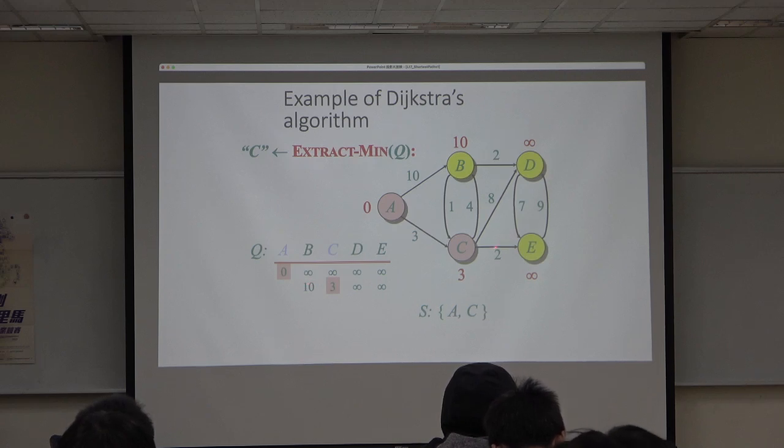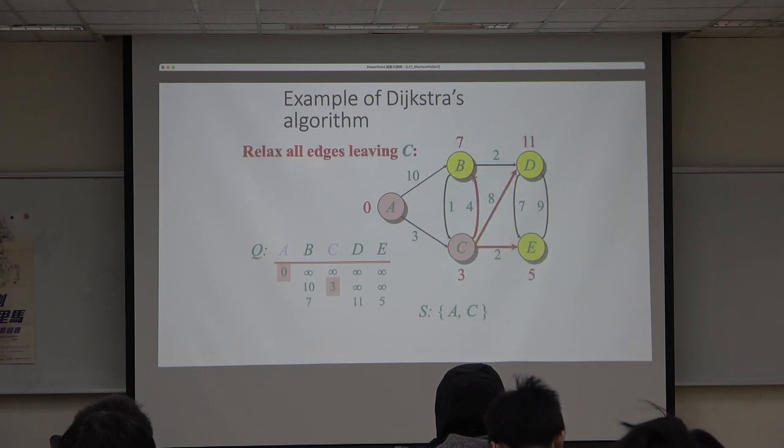And it's going to update D to be 3 plus 8, which is 11, and E to be 3 plus 2, which is 5. So it's going to be 7, 11, and 5.